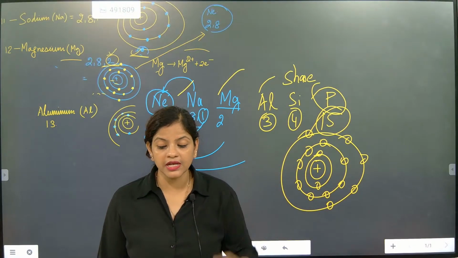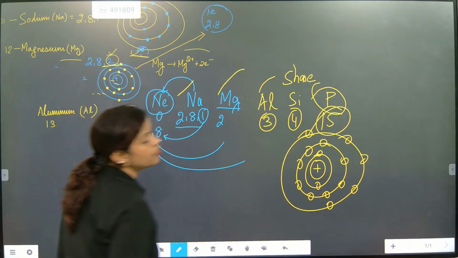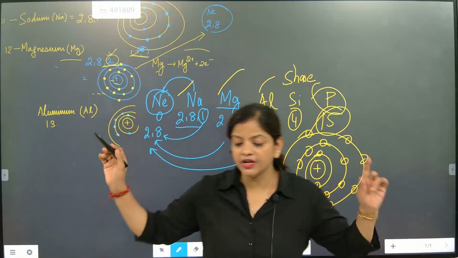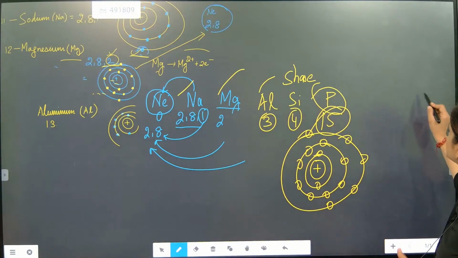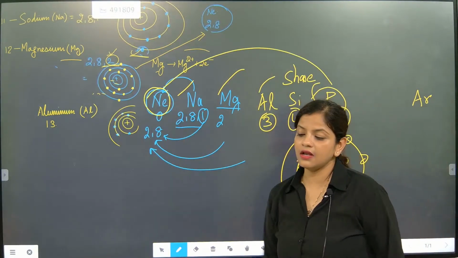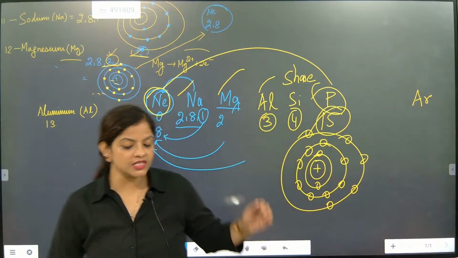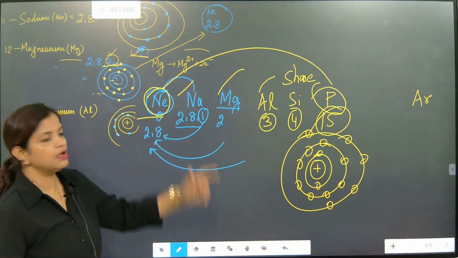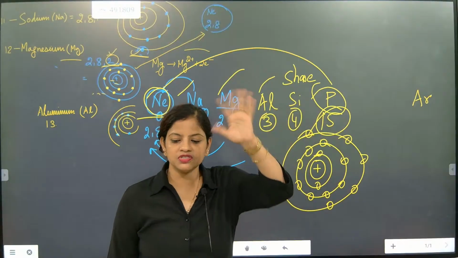Absolutely correct. So how will phosphorus take? Phosphorus wants to gain. Now phosphorus has a new target. Remember this one. Who is the target for phosphorus? Argon. Phosphorus is very far from stable neon, because it would have to release 5 electrons, which is not possible.